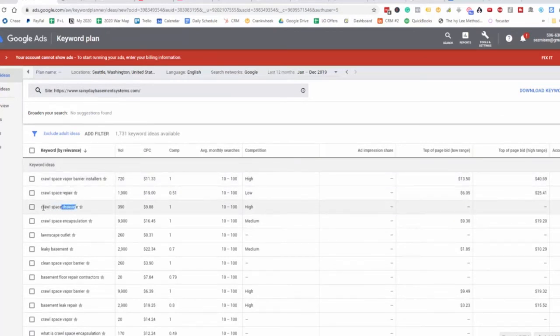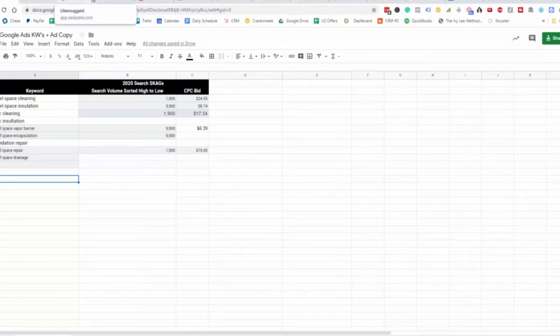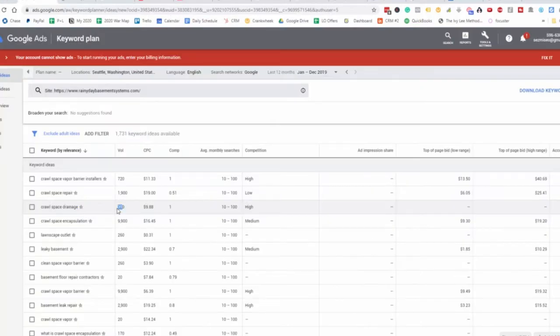This is another keyword here. As you can see, this is a really advanced strategy that allows us to go to our competition and let them help us find out the keywords that we can target, right? Which are going to be ones that we can use to create the single keyword ad groups. Let's look at the volume here, 390. Okay, great.